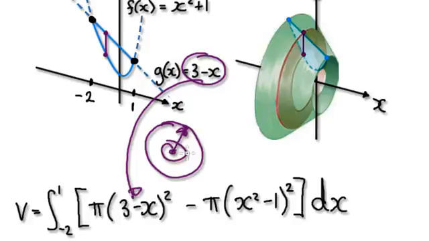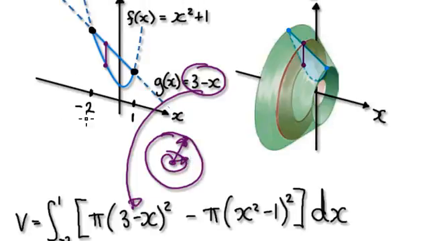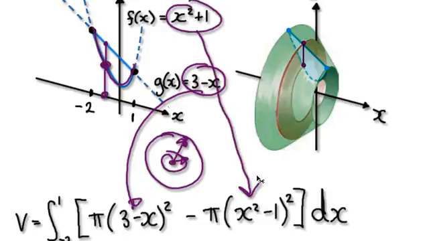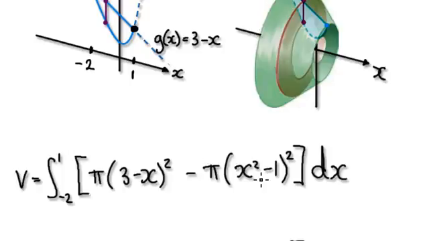Take away the area of the small radius. If you look at this particular washer, the small radius would be from here to here, which happens to be this quadratic. So you put this into here, and then follow it through.